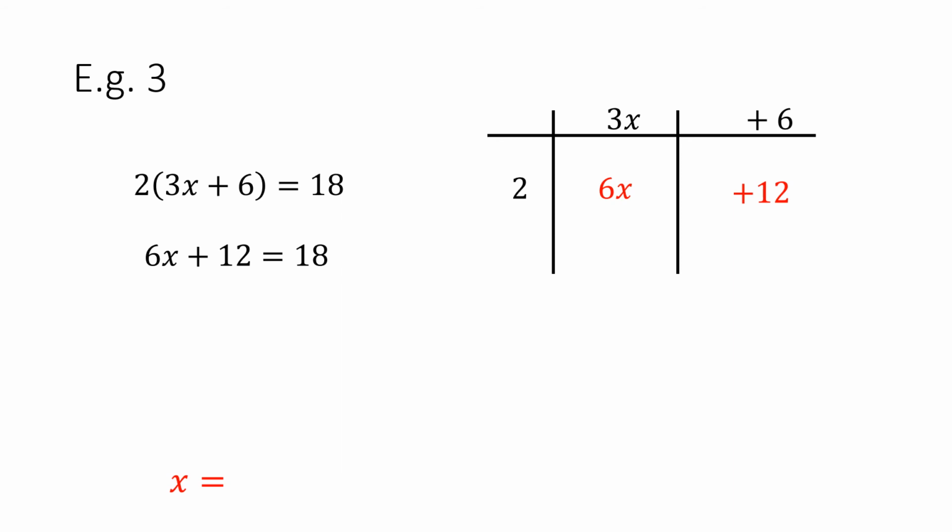Now I can solve my equation in the usual way. The first thing I'm going to do here is look at the part which doesn't involve the x and subtract the 12 from both sides. That will leave me with 6x is equal to 6, and then I need to divide through by 6, which will give me x is equal to 1.